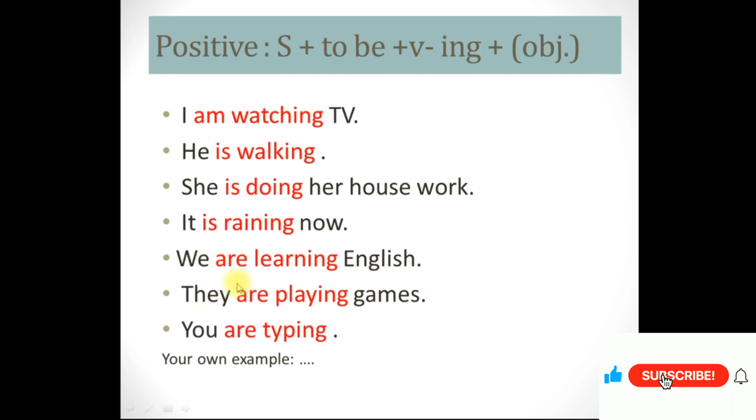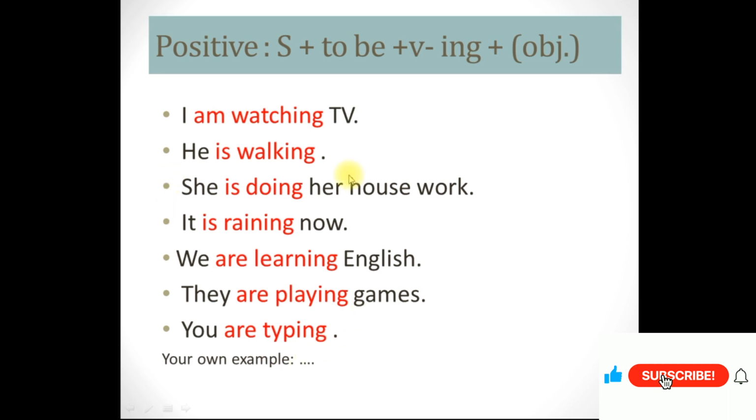Learning English, they are playing a game, they are typing. So are is to be, and learning, playing, typing are verb ing. So this is the positive form that we use with the present continuous.